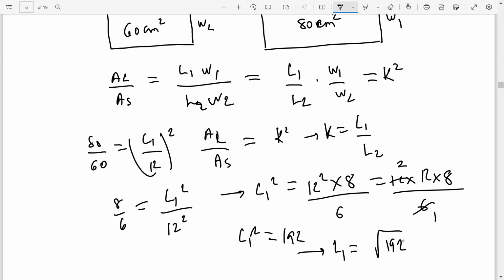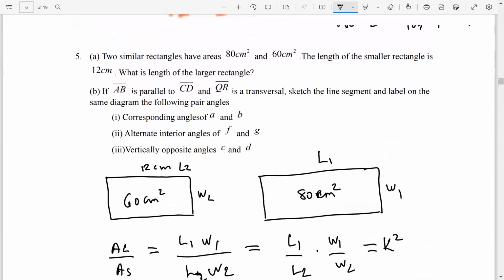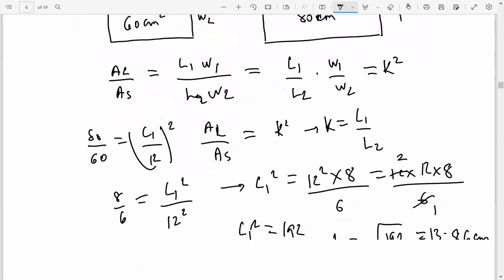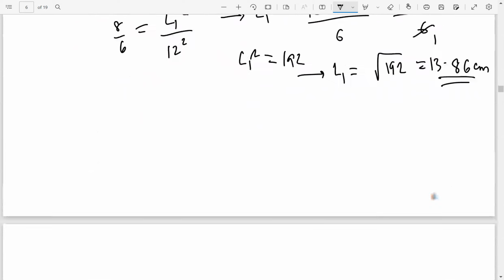And the square root of 192 is 13.86 centimeter. So as you can see, the length of the smaller rectangle is 12 centimeters, so the length of the larger rectangle is 13.86 centimeter, dear students.